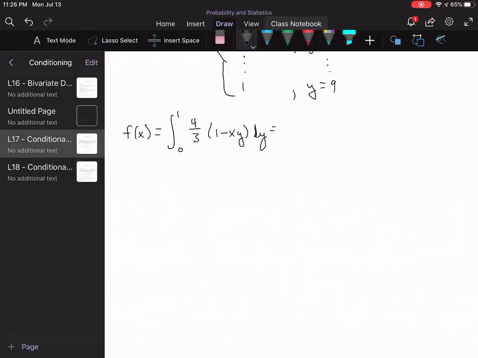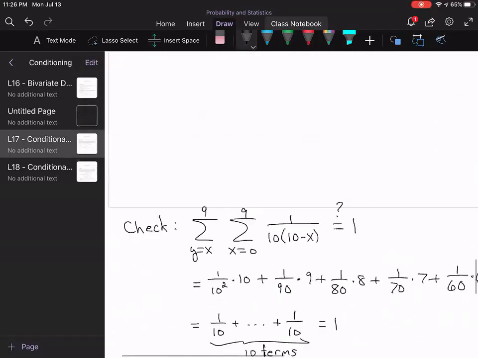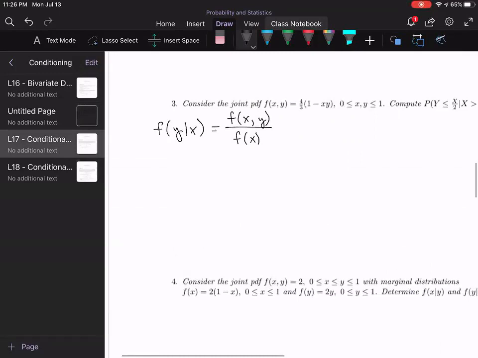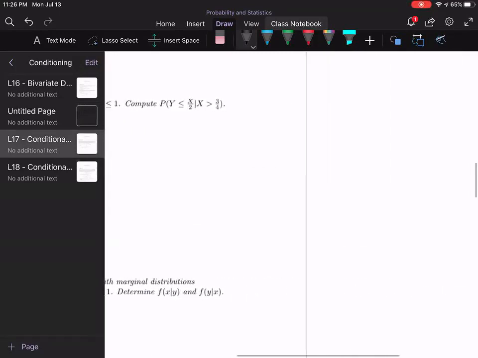Let me just think through. So this probability is equal to the probability that x is greater than 3/4 and y is less than or equal to x over 2, divided by the probability that x is greater than 3/4.